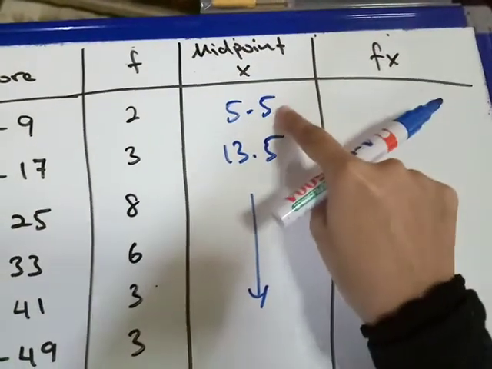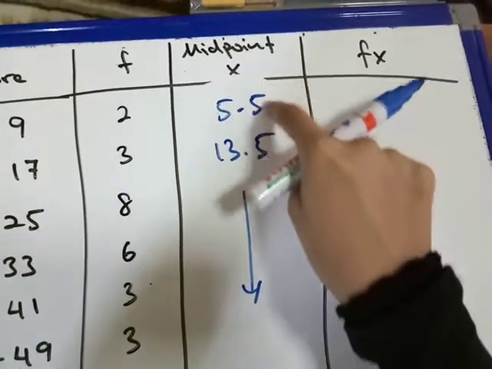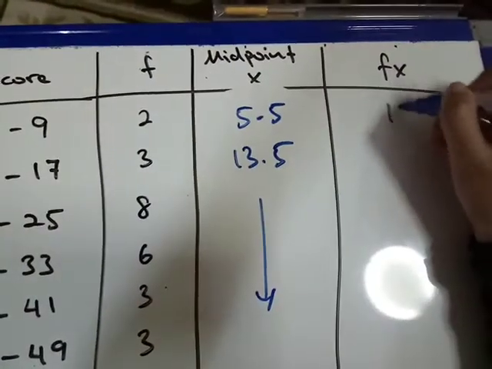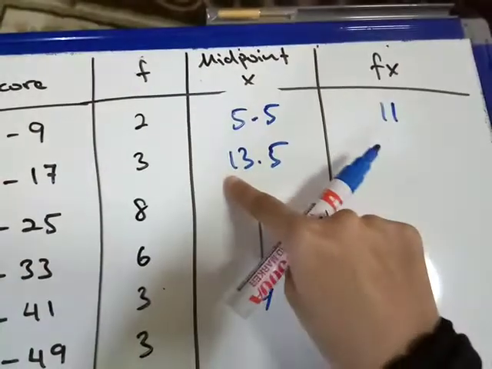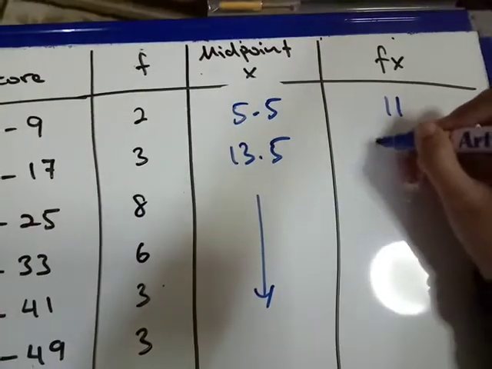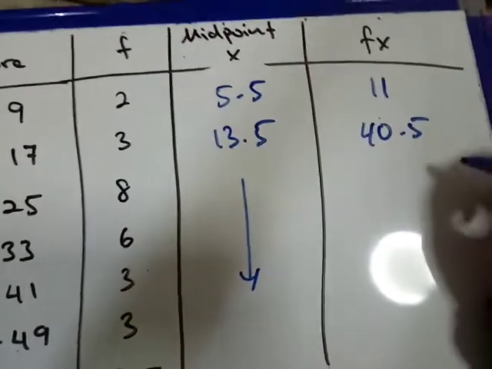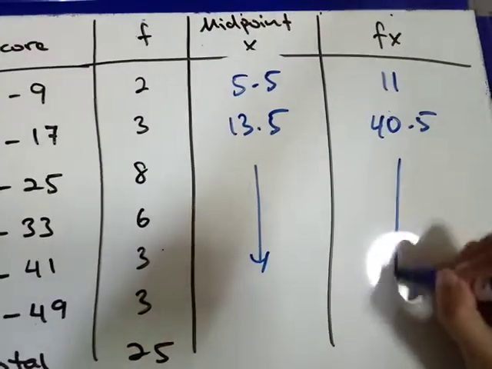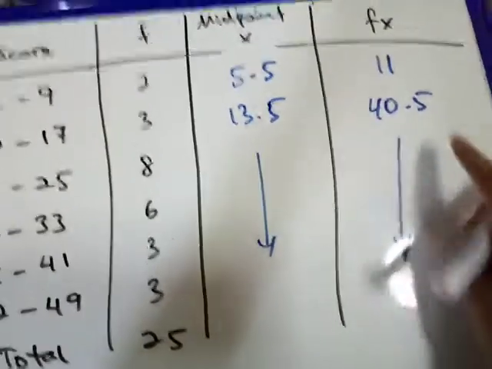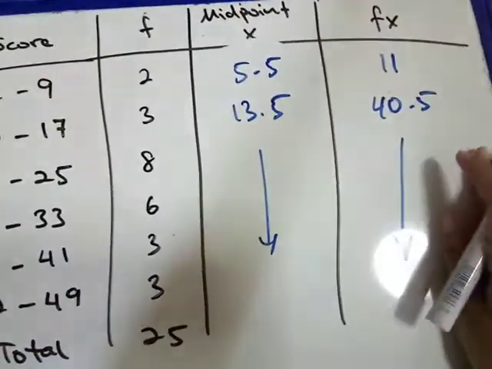So macam mana? 5.5 times 2, you get 11. 13.5 times 3, you get 40.5. And then and so on, you calculate. Okay, calculate sendiri. Ini saya tunjuk contoh 2 kelas yang pertama ni.